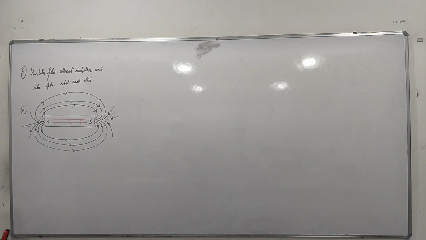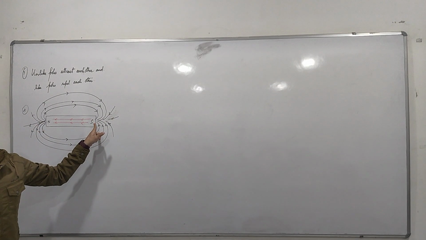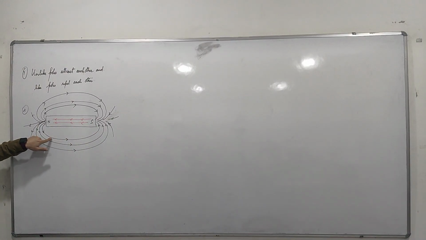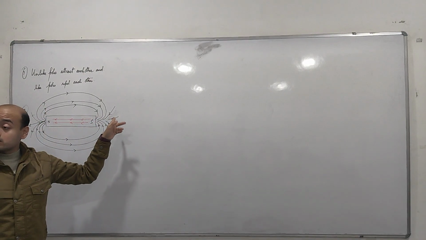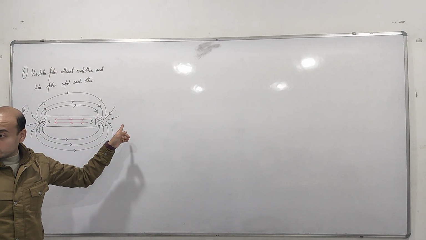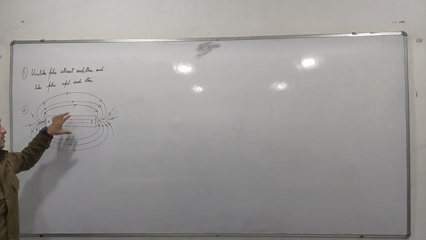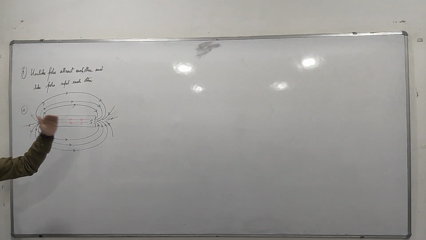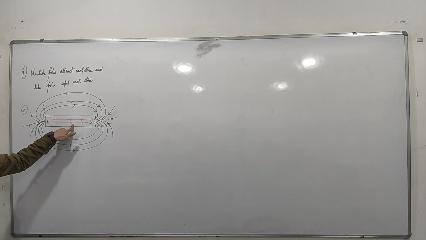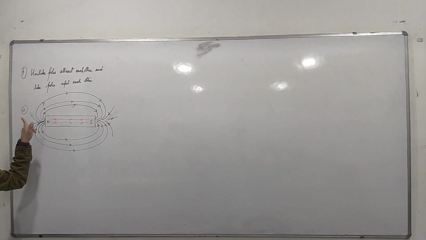So remember, magnetic field lines are originating from the north pole of the magnet, and they enter the magnet into the south pole. Therefore, you can see these directions, right? These arrows are originating from the north pole, and they are entering the magnet through the south pole. Now, that is outside the magnet. Inside the magnet, the magnetic field lines are parallel to each other, and they run from the south pole towards the north pole.